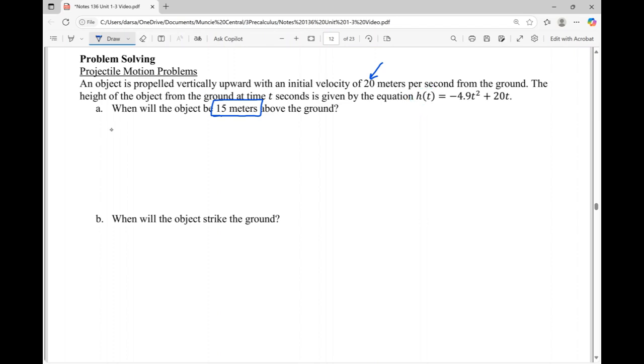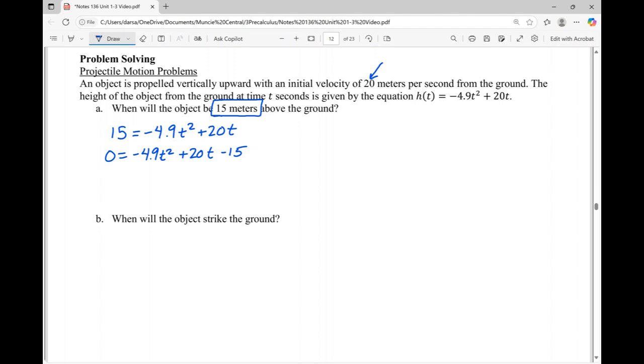So that'll give us 15 is equal to negative 4.9t squared plus 20t, and we need to solve this equation. Remember, all of our solving rules pretty much require us to start with something equal to 0. So we're going to subtract 15 from both sides to get negative 4.9t squared plus 20t minus 15 is equal to 0.